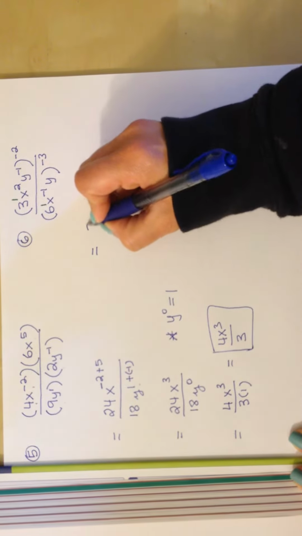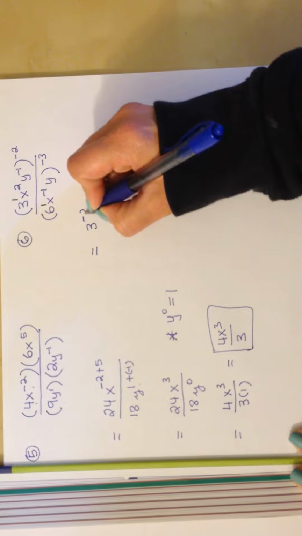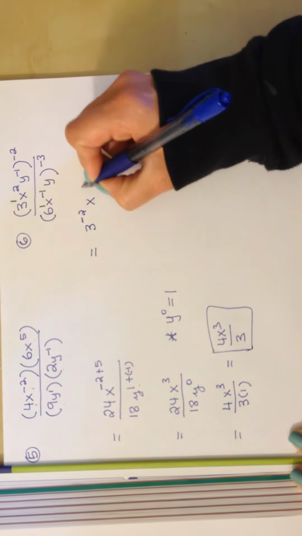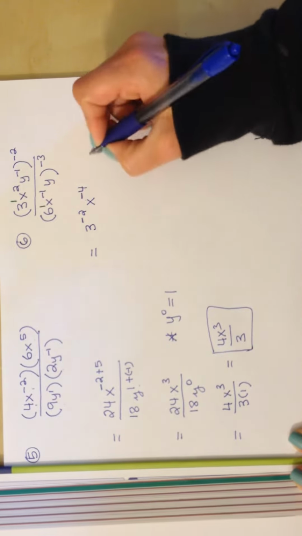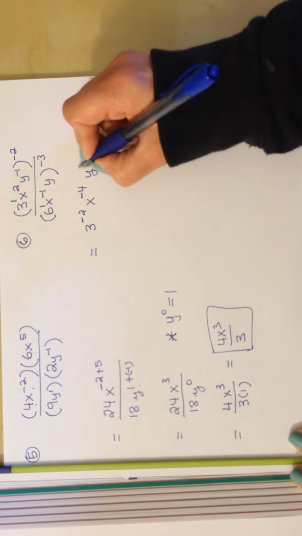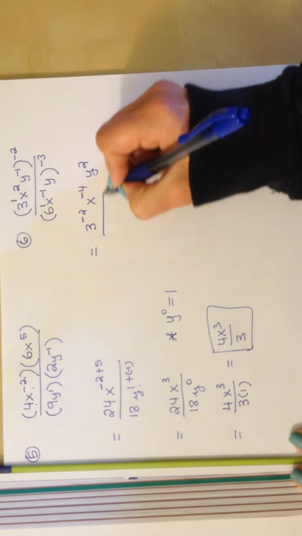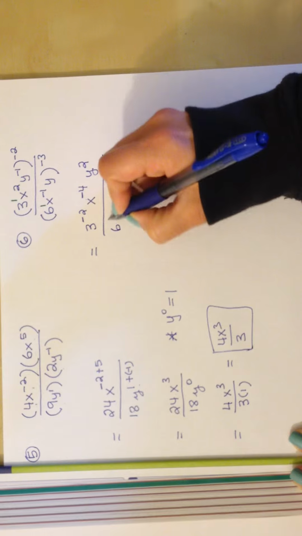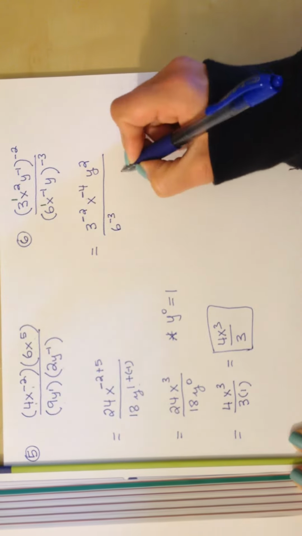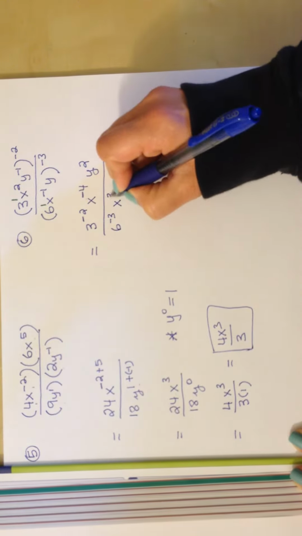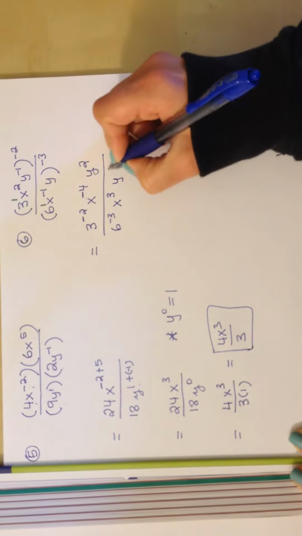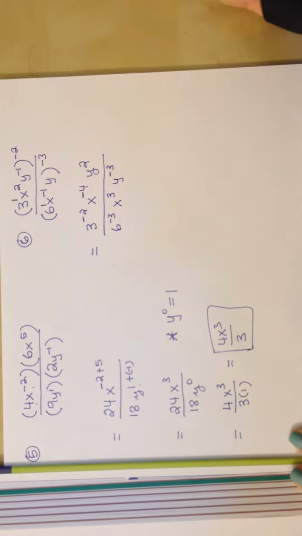We get 3 to the negative 2 power, x to the negative 4 power, y to the positive 2 power, 6 to the negative 3 power, x to the positive 3, y to the negative 3.